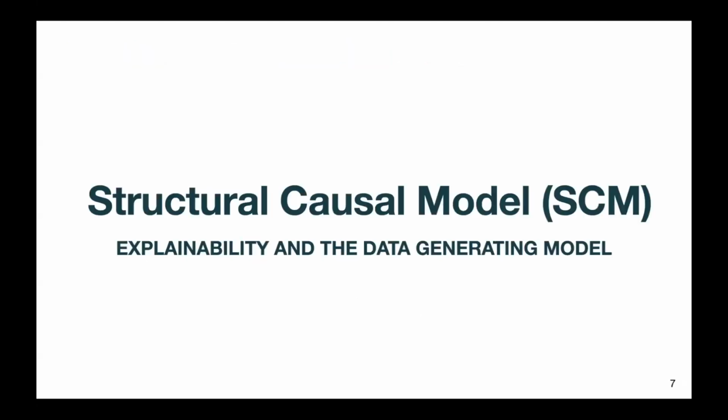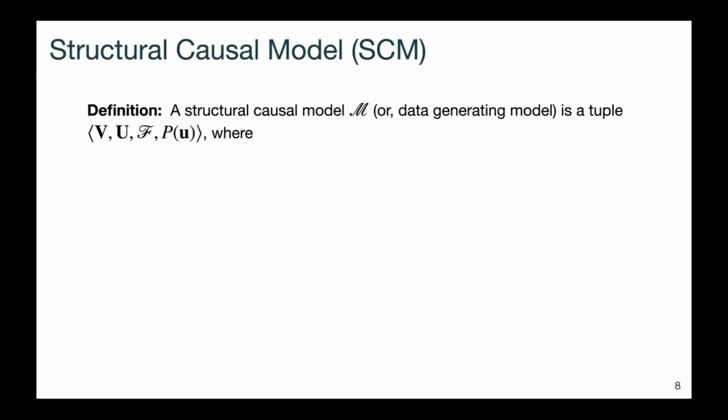So let's try to understand better what the structural causal model is. You saw this already, but this is the most powerful knowledge that you can have to understand nature. We assume that there exists this model of reality, okay? The structural causal model, as you saw in the first lecture, is just a tuple. You have 4 components.